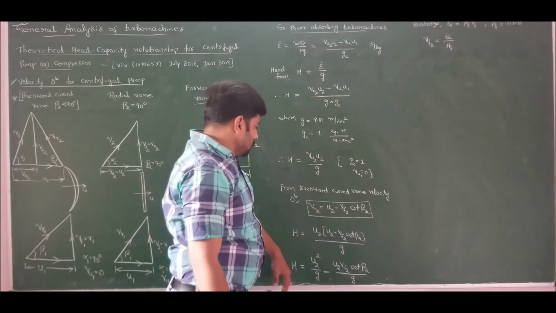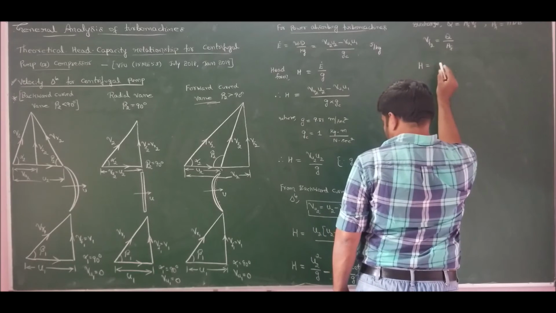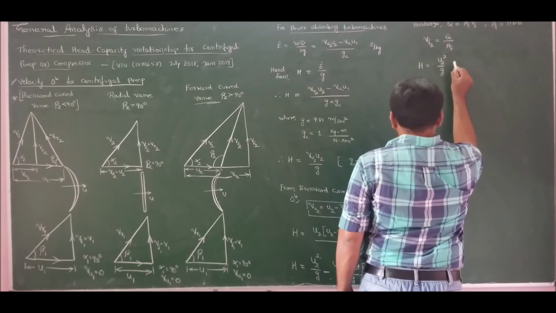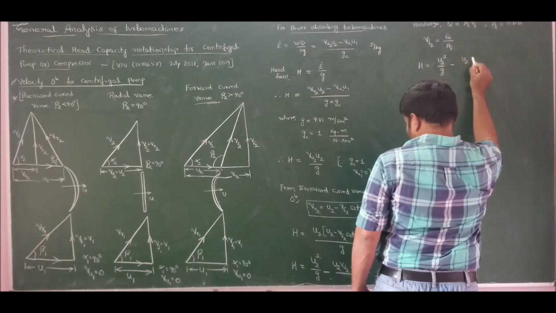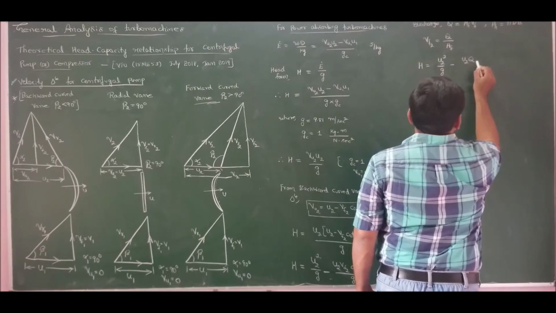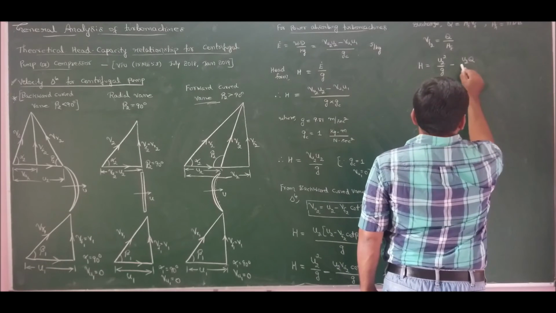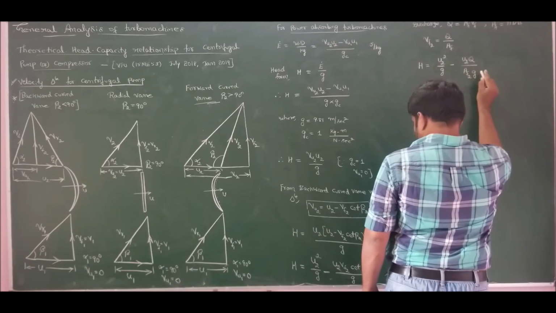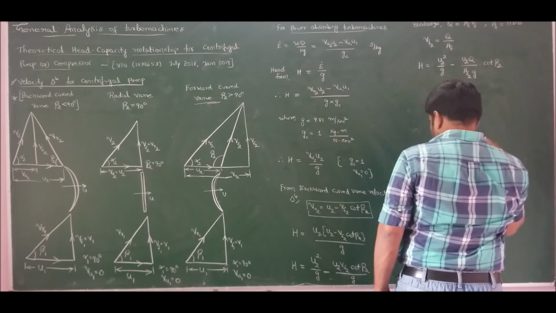Introducing that into this equation, I get head H is equal to U2 square by g minus U2 into Q by AF2 g into cot beta 2.